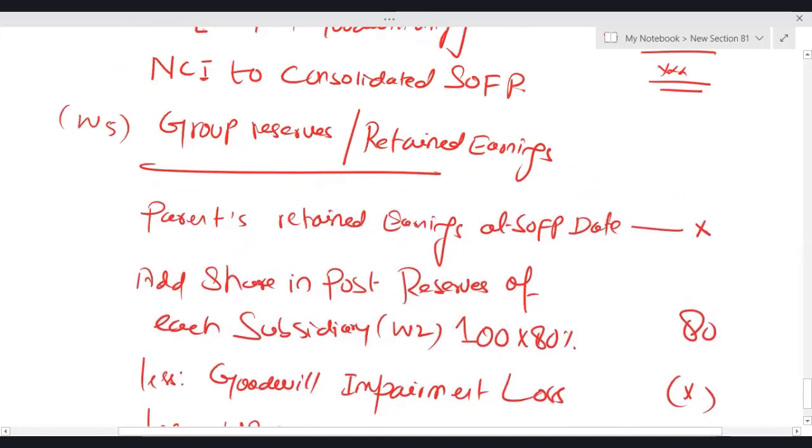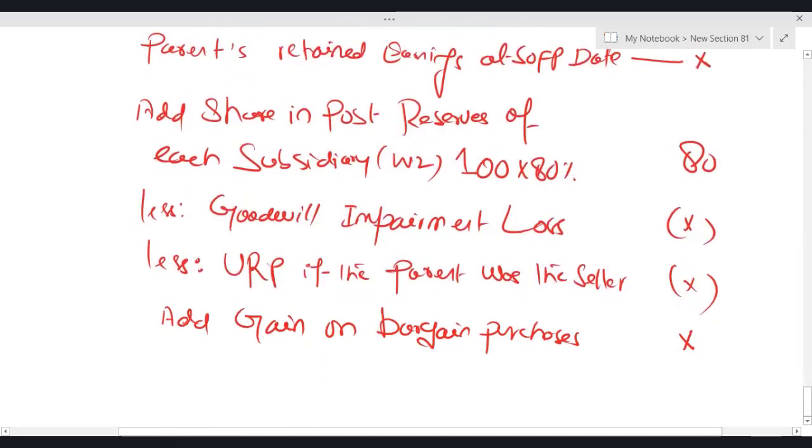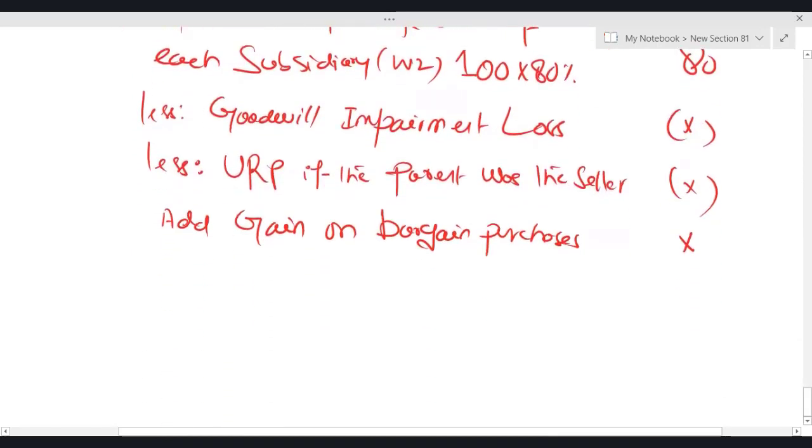Normally, you will have these 5 steps, but you might be required to perform a calculation for the other component of equity as well. If it is required, no issue at all, go for working 6: other components of equity.